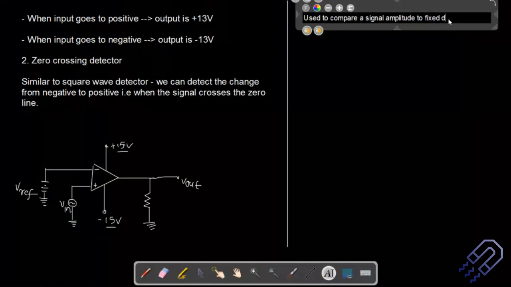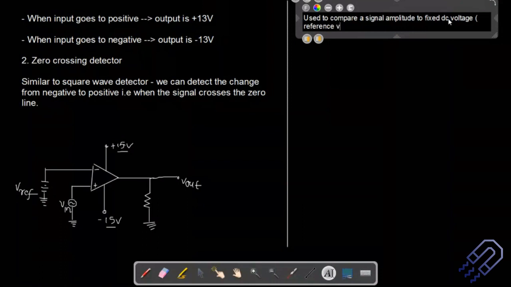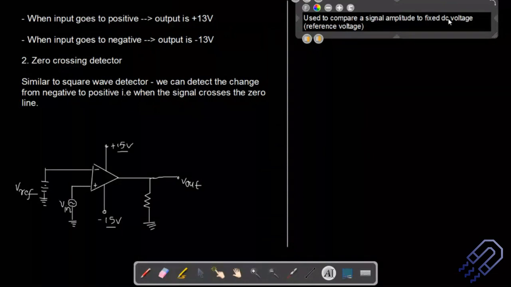To a fixed DC voltage, reference voltage. Sometimes if you have a circuit and you want some kind of detector, and you want that above or below a certain voltage the system should not work, or if it goes above that specified voltage, there should be an alarm which goes on. These kinds of applications might be there when we use these comparators. So it is used to compare signal amplitude to a fixed DC, which is the reference voltage.